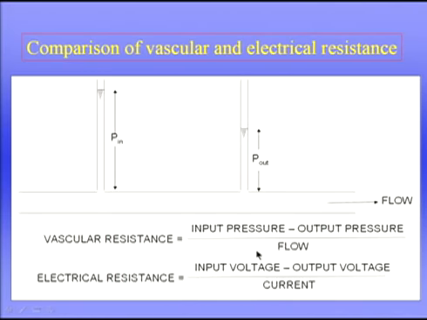Now you can see that this is basically the same as electrical resistance. Electrical resistance is the input voltage, pressure, minus the output voltage divided by the current, or the flow. That's the electrical resistance. And so these are comparable. The definitions are basically the same.